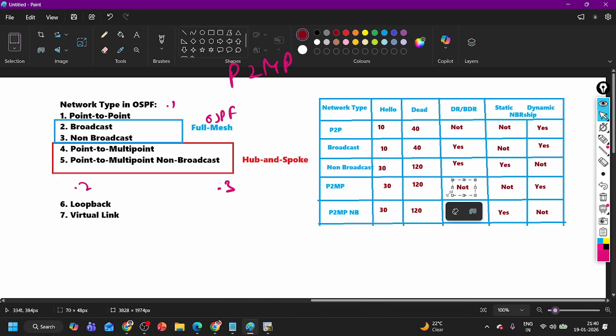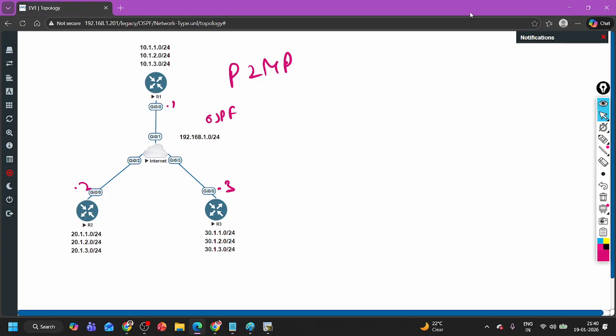Not happened, right? In point to multi-point, neighborship will be dynamic. In point to multi-point non-broadcast network type, neighborship is static. Dynamic neighborship is not even possible. Here I can implement OSPF and then I can show you the issues.